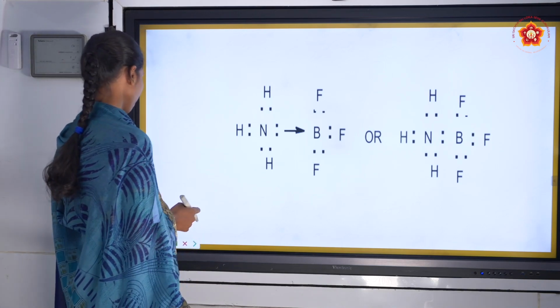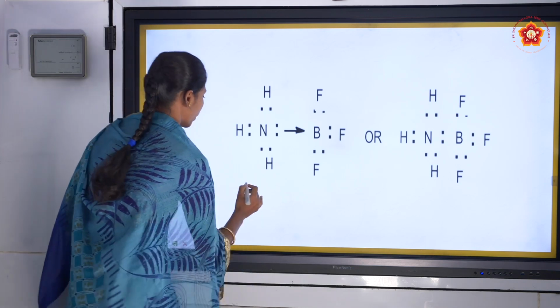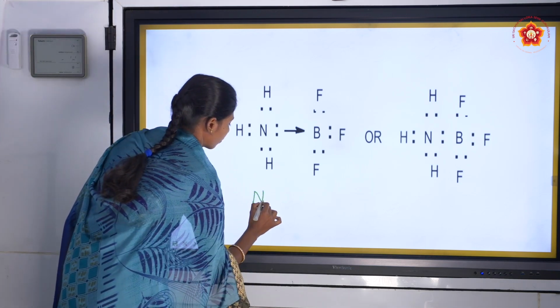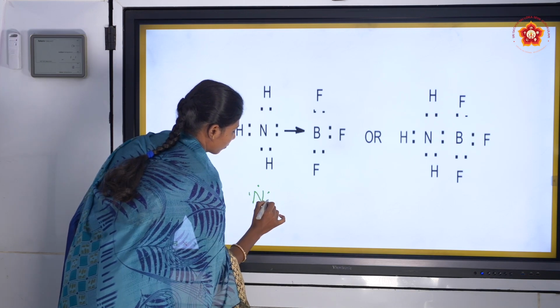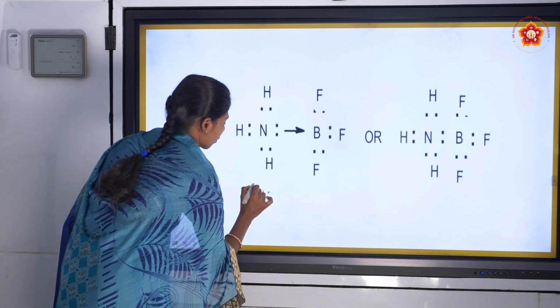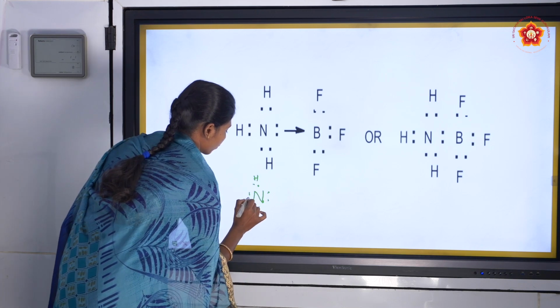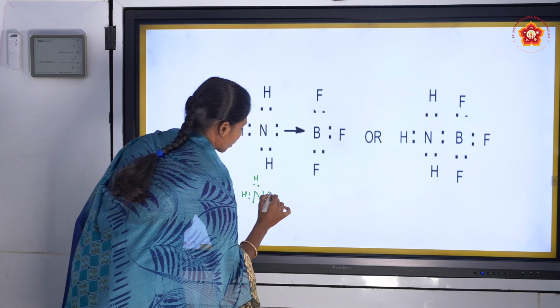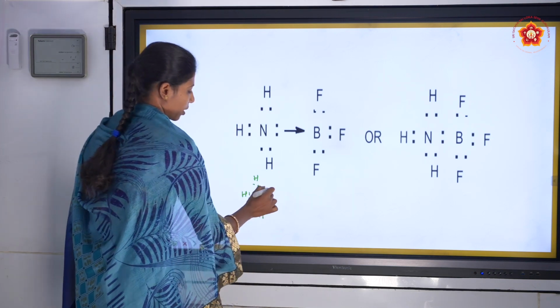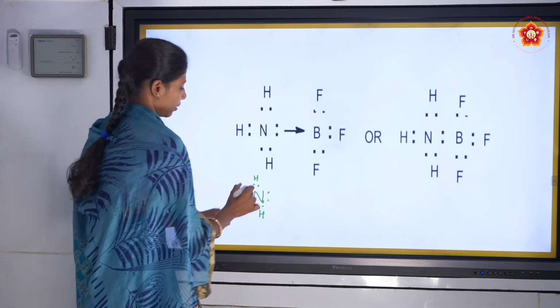Next, one more example. We take ammonia. Valency is 5. Next, bond with hydrogen, 1 electron to the hydrogen. This is a lone pair of electrons, this is a bond pair.